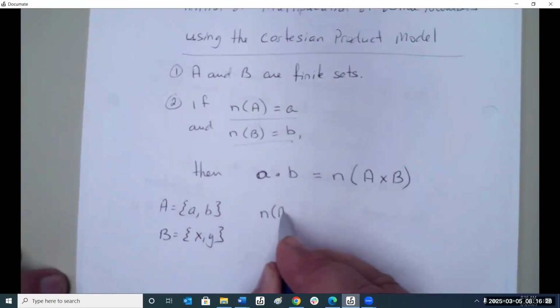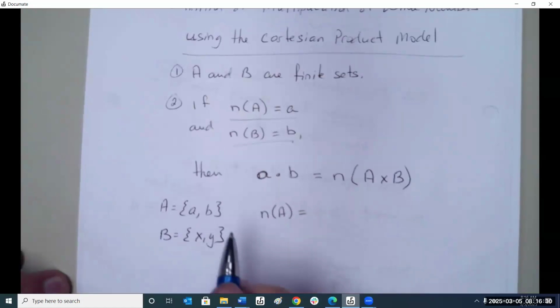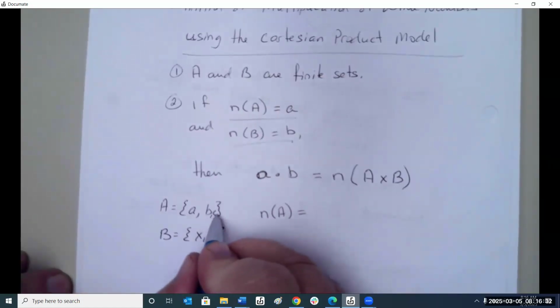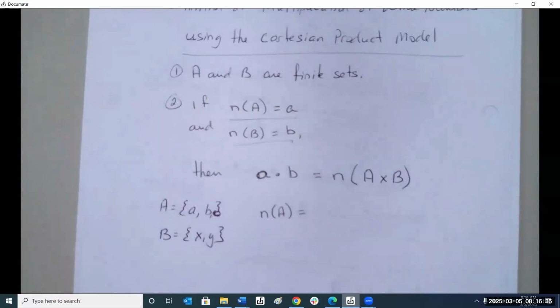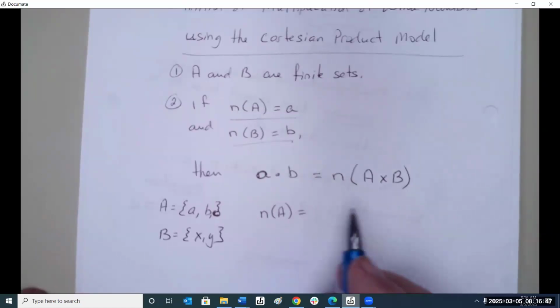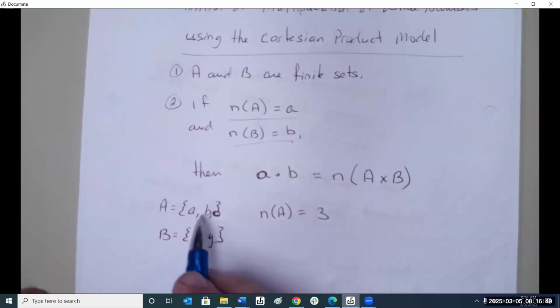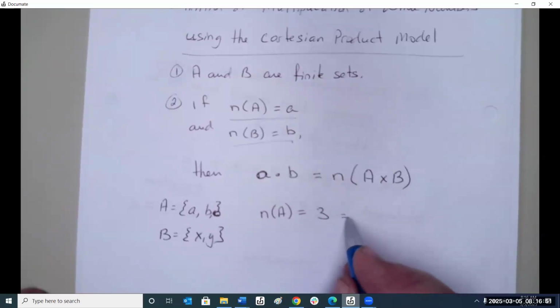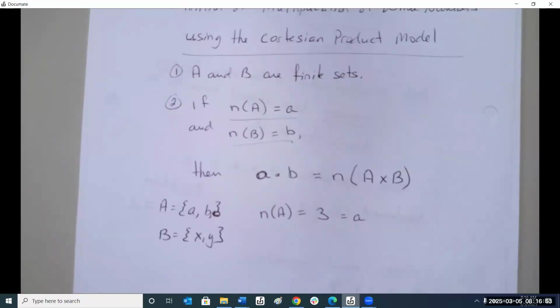The cardinality of A is 3, because there are 3 elements inside there, and we call that the little a.